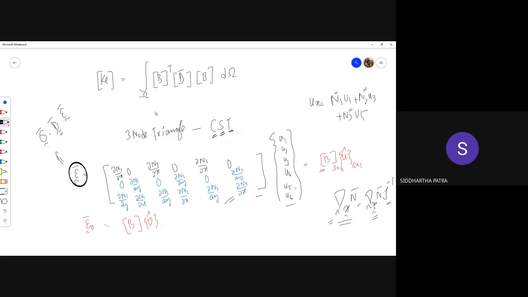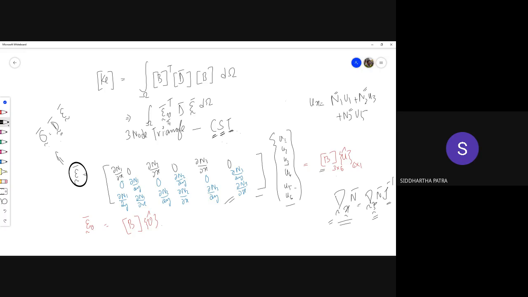Okay, where did it come from? It came from this expression where we are integrating over the volume the variation of epsilon transpose, D bar times epsilon d omega, from the variational formulation.